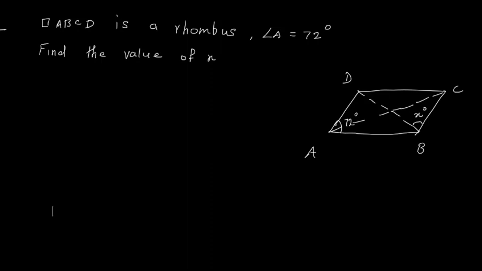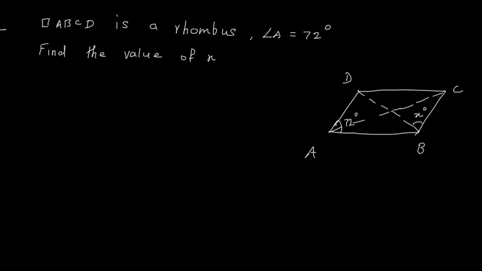One thing is clear: the diagonals bisect each other. We have this angle 72 degrees. So in a rhombus, all the sides are equal. So we have this in triangle. I will say that in triangle.